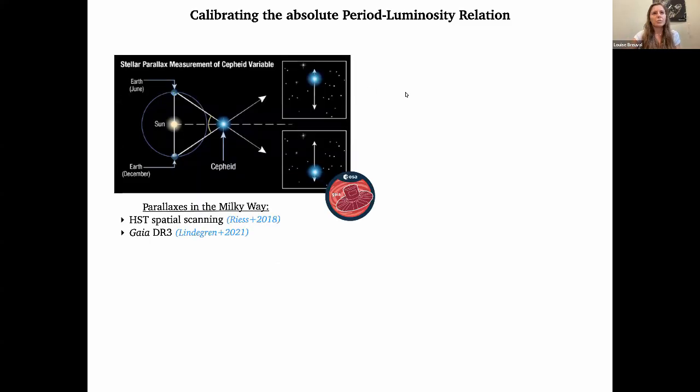The first possibility is to use parallaxes in the Milky Way. First, this has been done with spatial scanning by the Riess team, or for a larger sample with Gaia. So basically, the movement of the Earth around the sun gives you a different angle to see a star, and the larger the movement, the closer the star is to you.